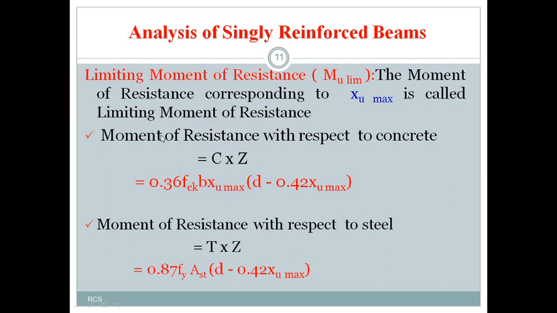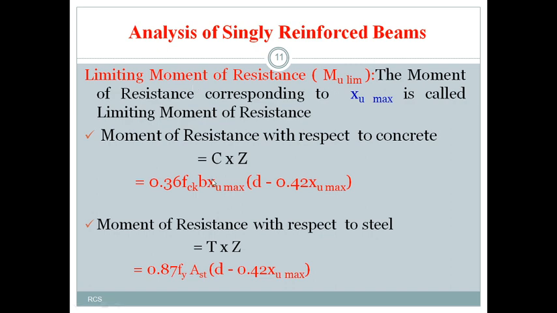When you are calculating the moment of resistance with respect to concrete, you should use this equation, that is the total compressive force in concrete multiplied by its lever arm. Generally, that formula will be 0.36 fck b xu (d minus 0.42 xu). But we are calculating the moment of resistance with respect to the maximum depth.